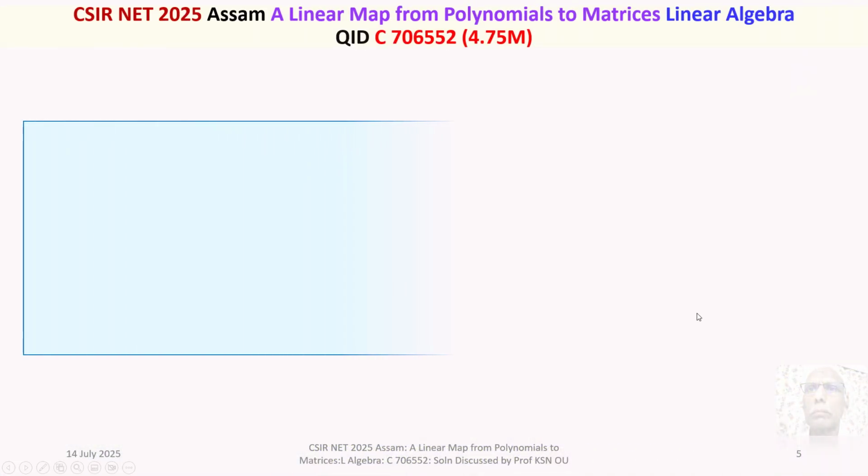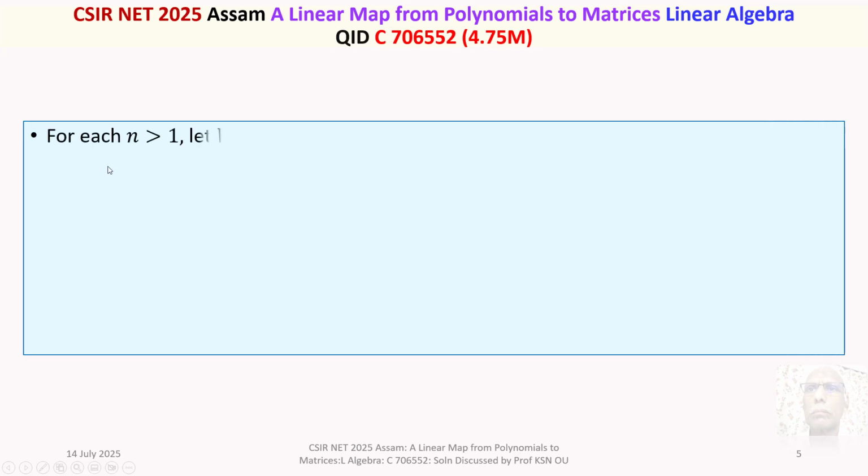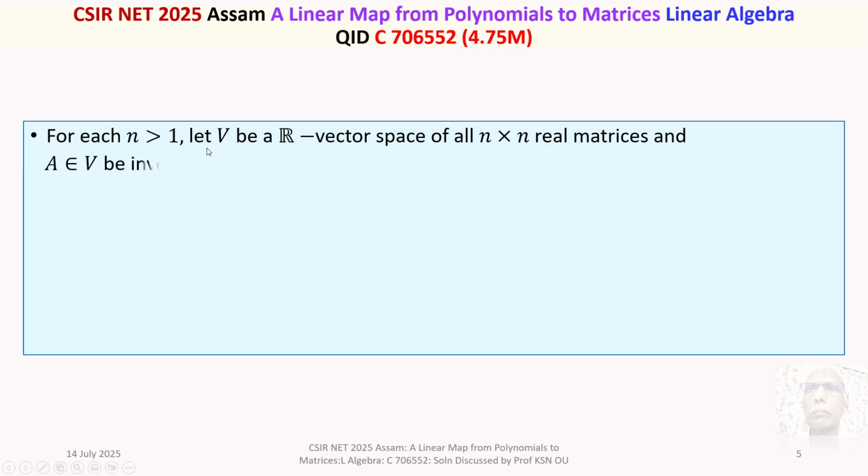Right. The given question is, for each n greater than 1, let V be the R vector space of all n by n real matrices and A belongs to V be invertible.